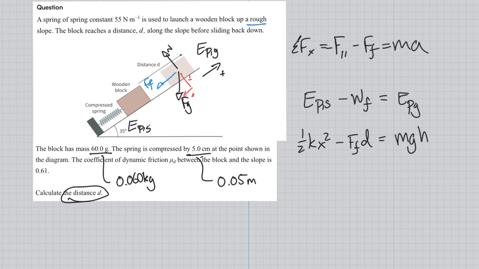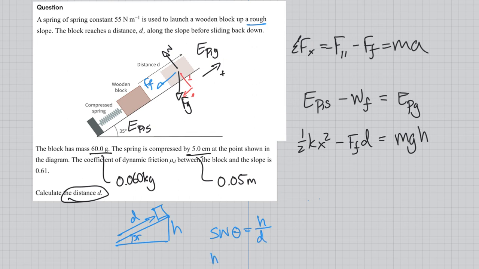One thing is if we look at our ramp, and if the block ends here, and we know this angle is 35, and we know this distance here up the ramp, then we can say if this is distance here and this is h here, how would I solve for that? So that is my sine function. So the sine of theta is going to be opposite, which is h, divided by my hypotenuse, which is d.